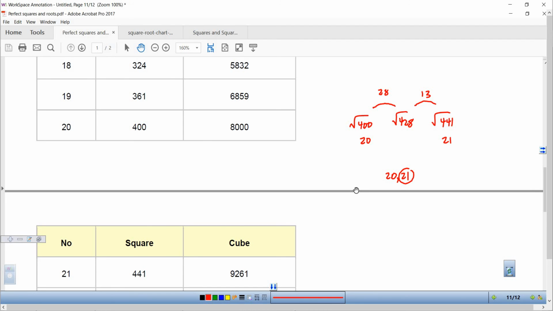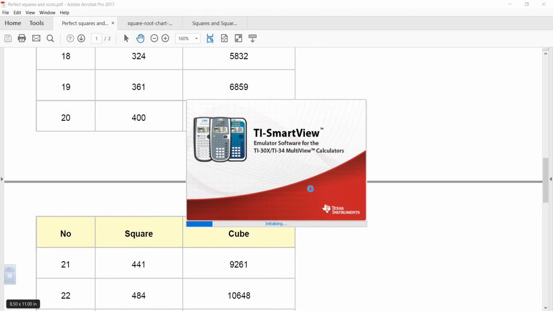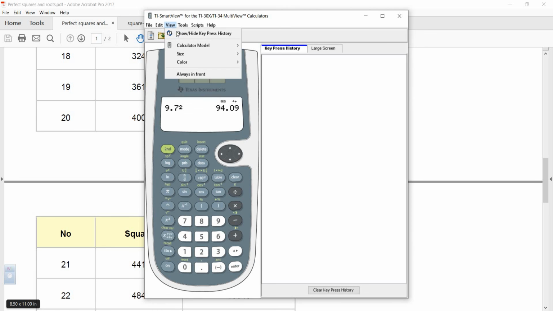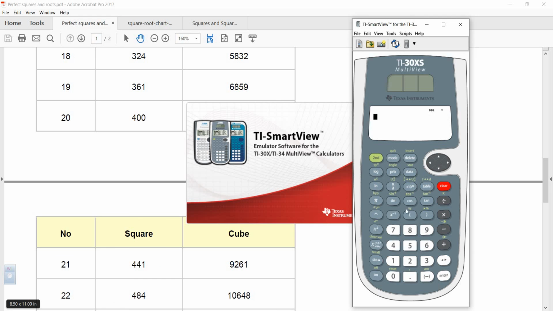And real quick, it would be academically dishonest if I didn't just say, if we were working on a calculator, and we went ahead and took a look at that one we just did, the square root of 428.